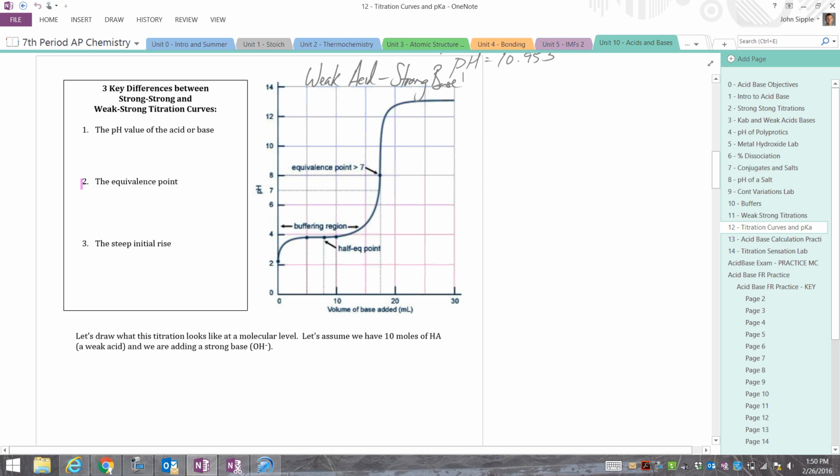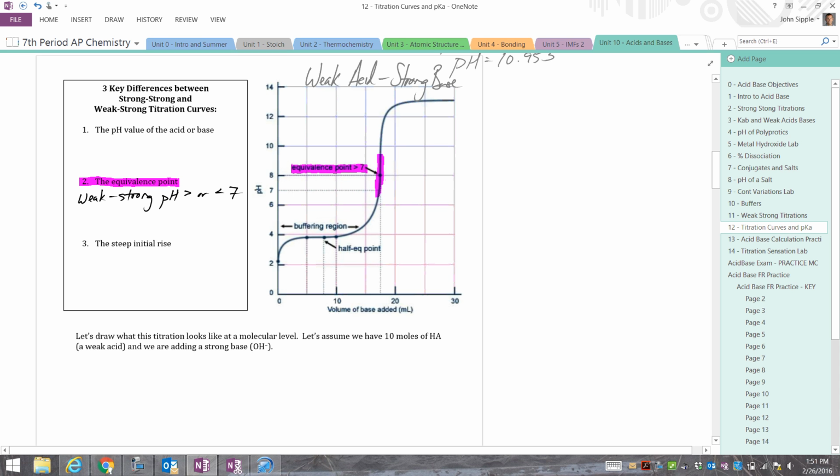Number one, which I like to start with first, is the equivalence point. Here's the equivalence point. Notice the pH is not 7. It's greater than 7 for this one. If it's a weak, strong titration, the pH is going to be either greater than or less than 7.